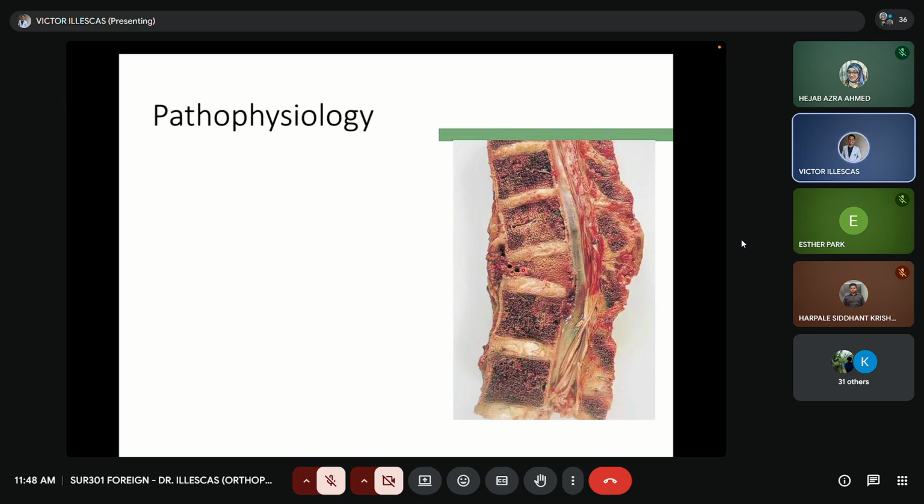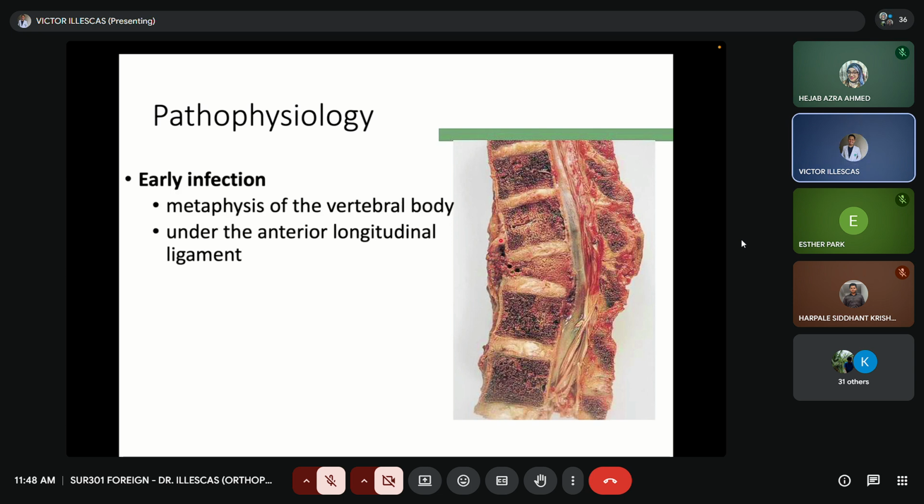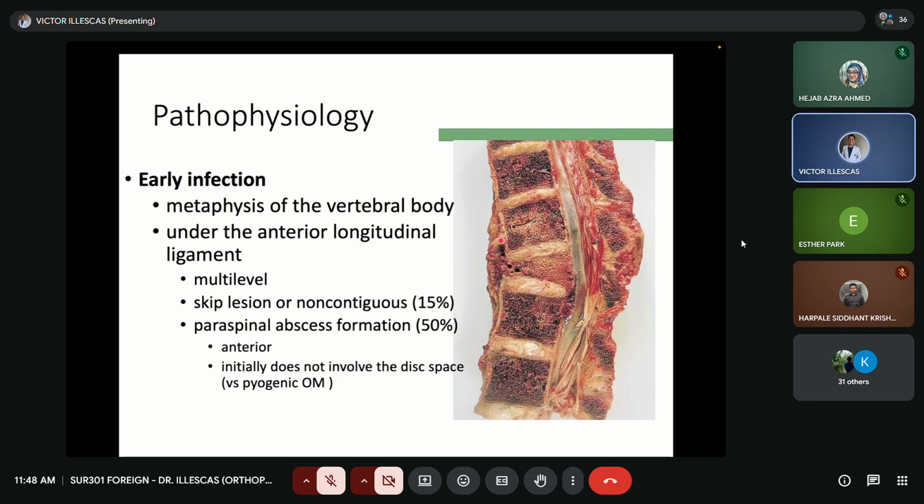It's only the anterior 1/3 of the vertebral body. You also see here the purulent material because of that TB. So in early infection, metaphysis of the vertebral body and the anterior longitudinal ligament is affected. There may be skip lesions, paraspinal abscess formation as seen here, which is anterior in location.